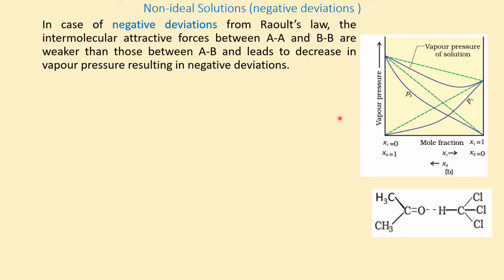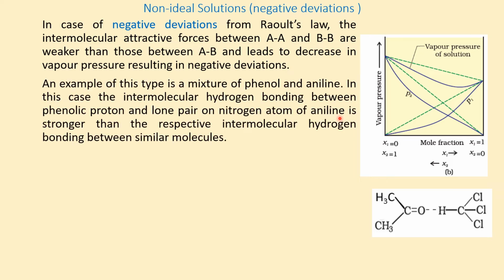So we will take an example. An example of this type is a mixture of phenol and aniline. In this case, the intermolecular hydrogen bonding between the phenolic proton and a lone pair of the nitrogen atom of aniline is stronger than the respective intermolecular hydrogen bonding between similar molecules.